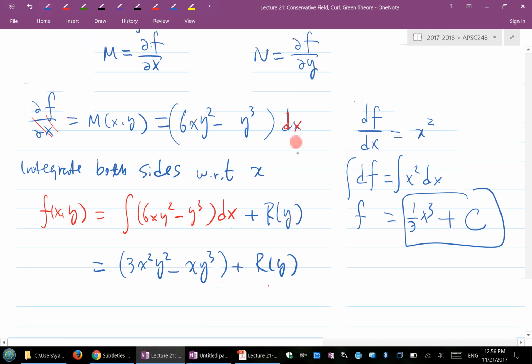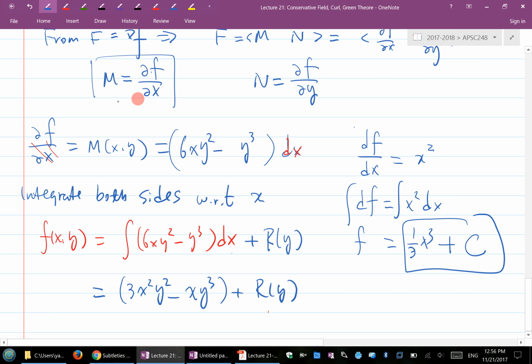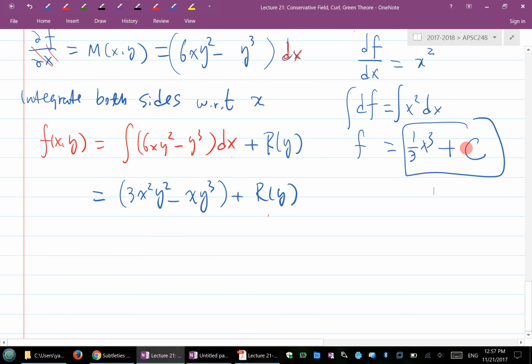And we did that by using the first condition, this available condition here. We have another condition we haven't made use of yet, which is this one here. So we're going to make use of this condition to figure out this r of y. So what's the other condition? The other condition is partial f over partial y equal to n, and n equal to 6x squared y minus 3xy squared.